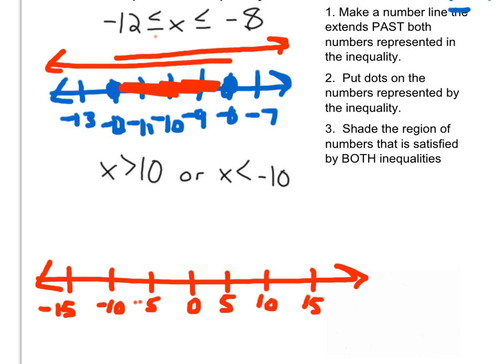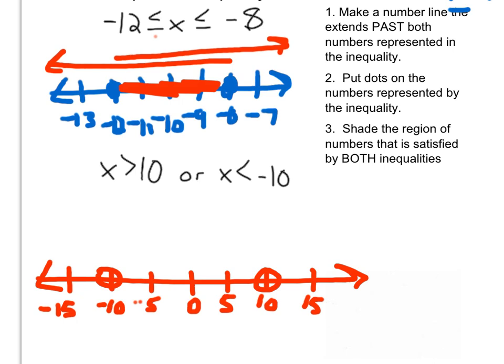That's perfectly acceptable. Now put dots on the numbers represented by the inequality. It says x is greater than 10, so I need an open dot at 10. And x is less than negative 10, so I need an open dot at negative 10. So again, now I'm going to pick where my shading would go.